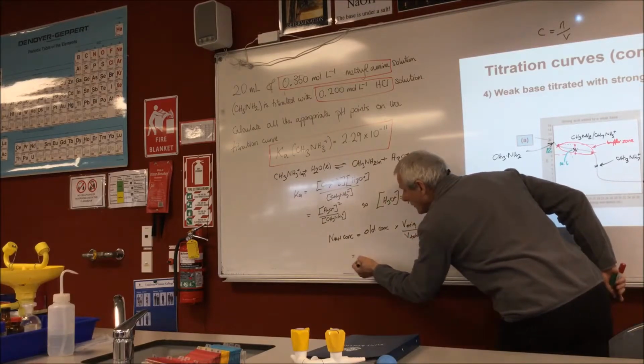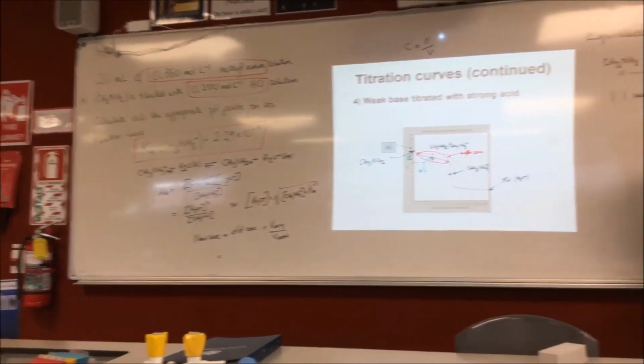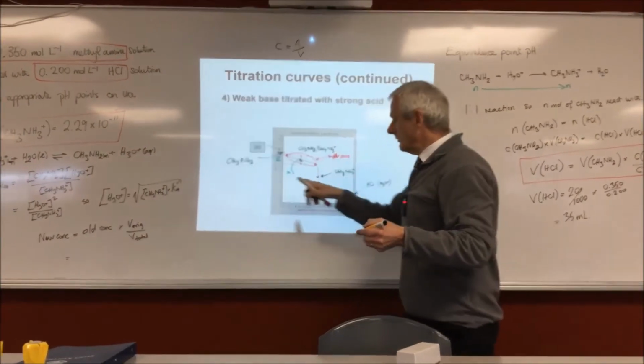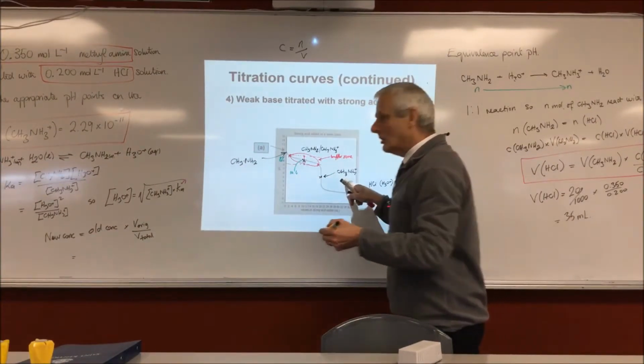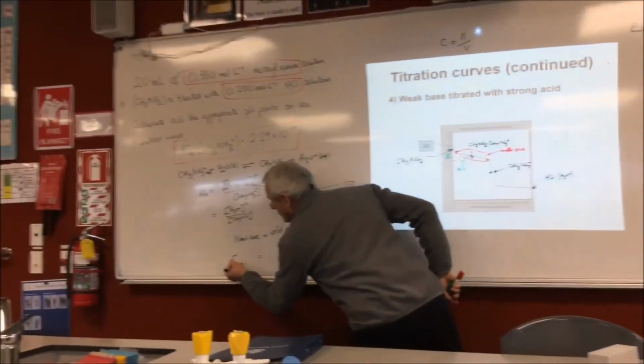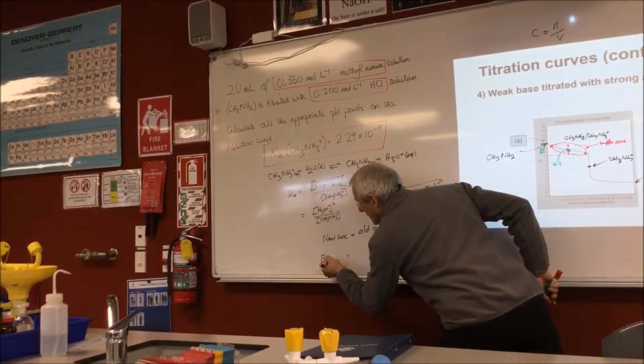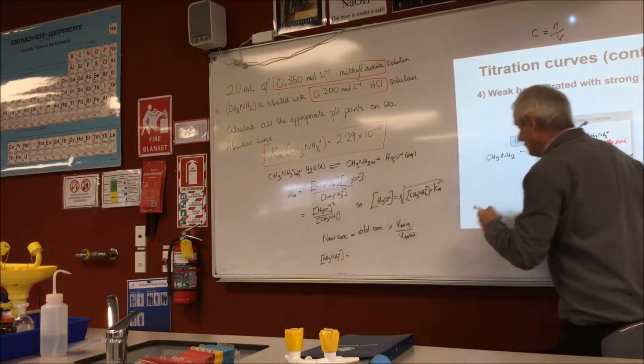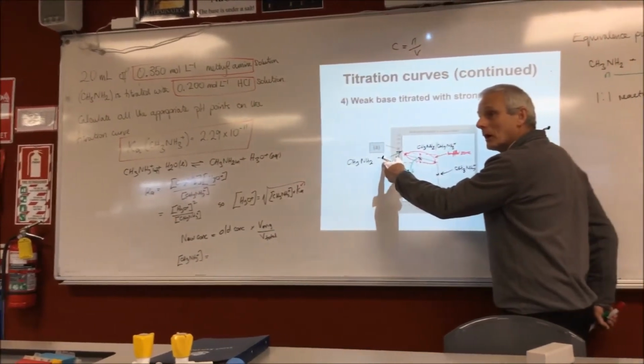The thing is, you must get the right things here. So what we're looking at, the new concentration, is that's been converted to that. So this is our concentration here, CH3NH3+. The old concentration is what we started with as a base.